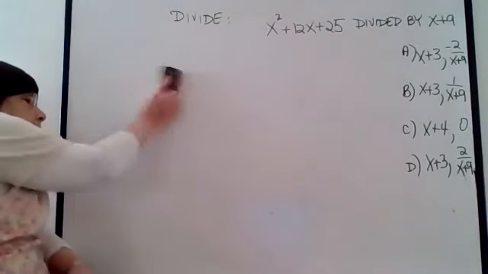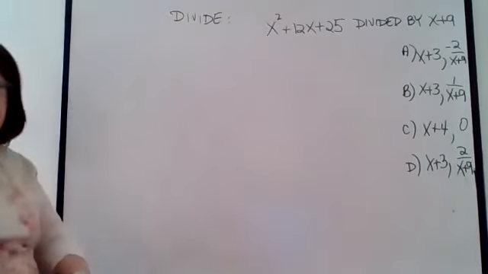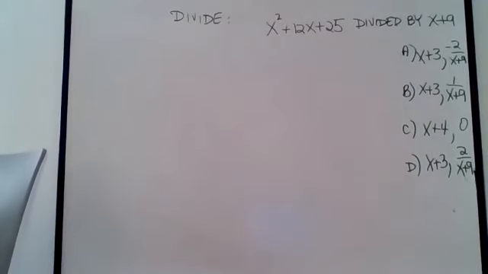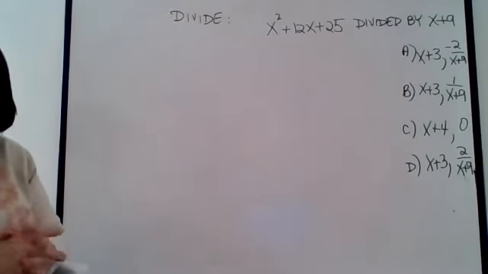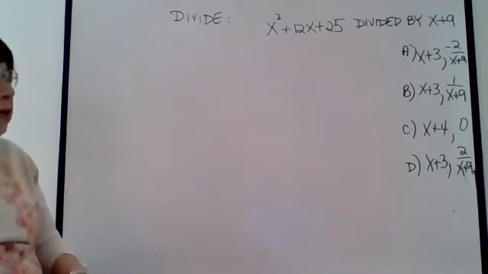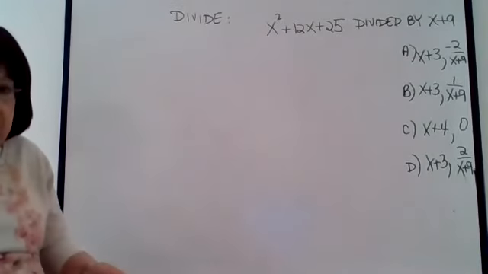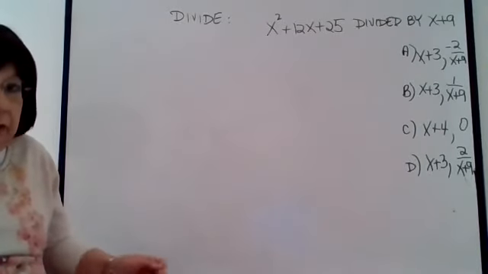Chapter 6 is called radicals and rational exponents. What we're going to be doing in chapter 6 is talking a lot about radicals, square roots.